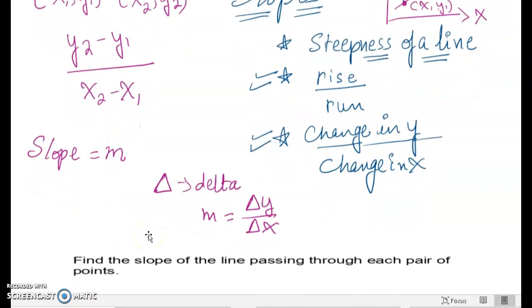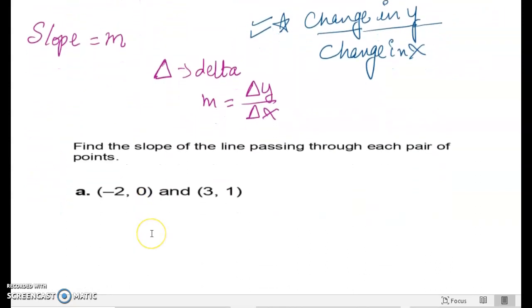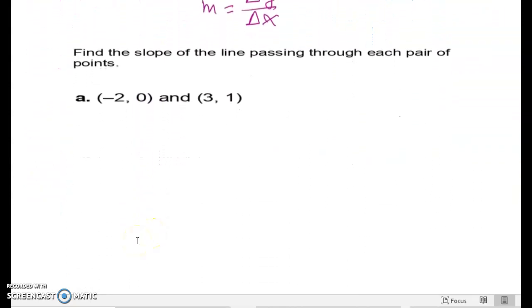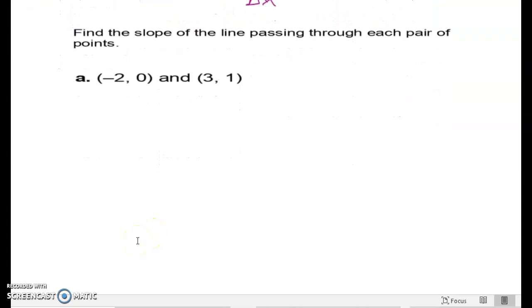Let's try to solve a few questions to get a better understanding. In this particular question, they are asking us to find the slope of a line passing through each pair of points. My first line of action would be to label. Always label. Let's label the first coordinate as x1, y1, another one x2, y2.